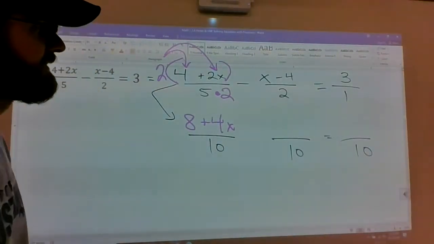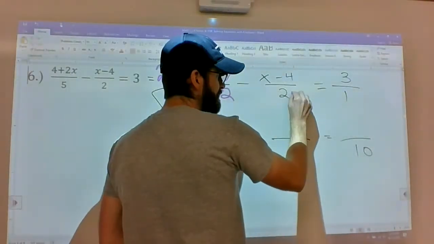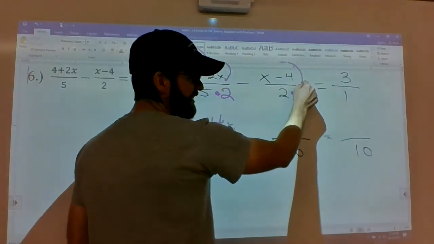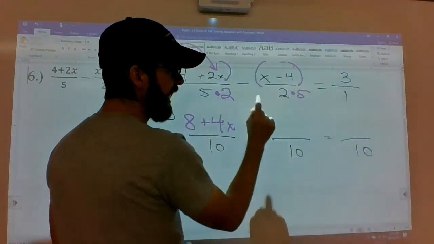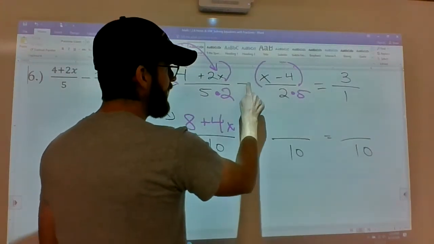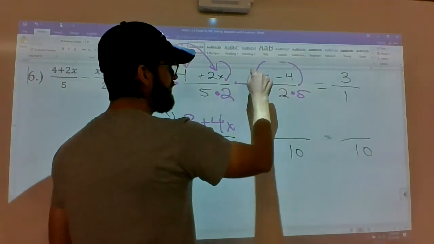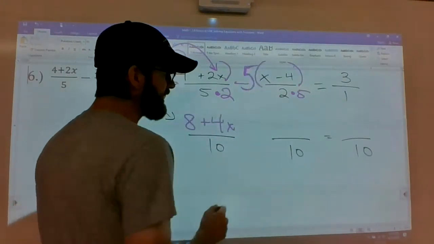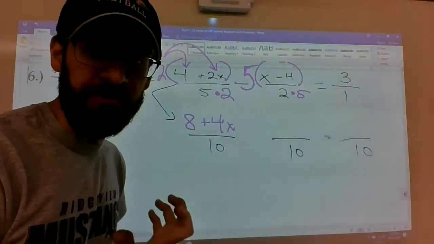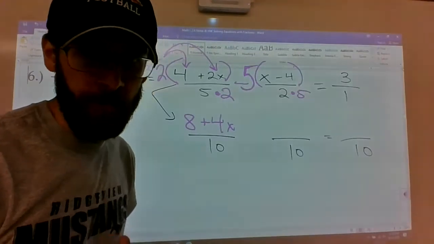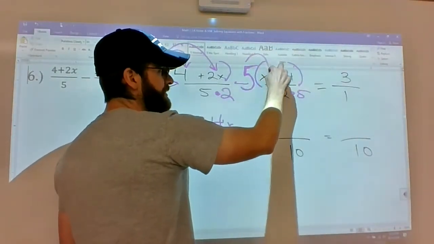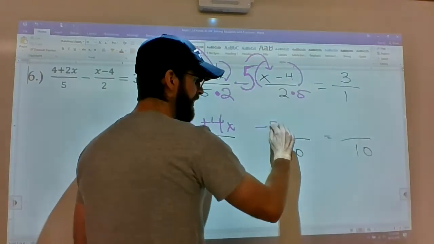All right. 2 times 5 gives me 10. So I'm going to multiply the top. Okay, and this is where things get tricky. The top is now being multiplied by a negative 5. That negative is connected to the 5 that you're multiplying the top group by. So negative 5 times x is negative 5x.